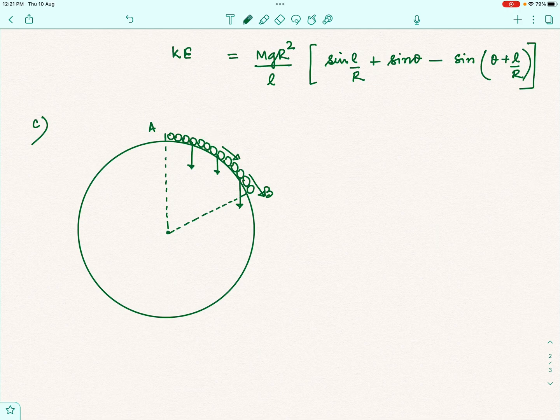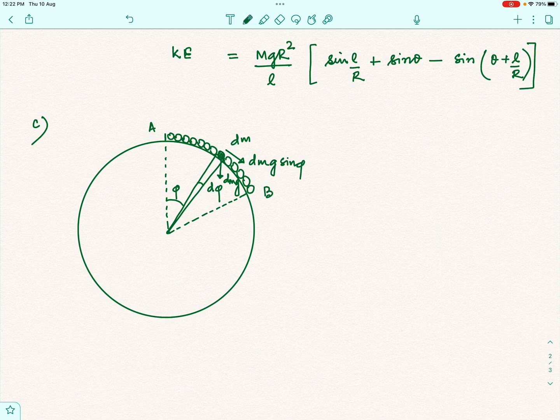So, can we say that if we once again take a small portion of this chain, which let us say has a mass dm because it has a length dl which is corresponding to this angle d phi that this portion subtends at the center, can we say that this small portion of the chain, because it experiences a gravitational pull of dm into g downward, its tangential component will be nothing but dm into g into sine phi.